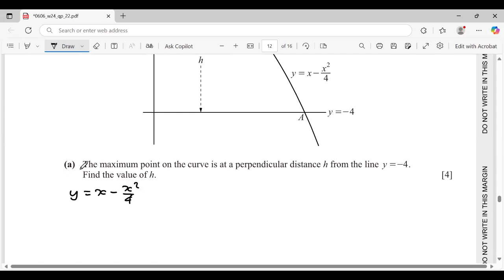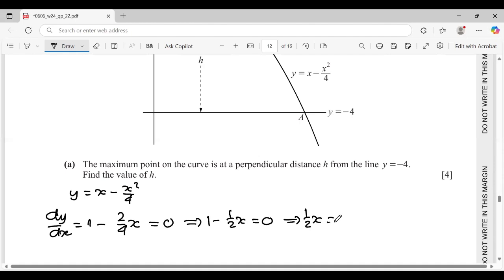To find the maximum point, we set dy/dx, the derivative of this function, equal to 0. The derivative is 1 minus 2 over 4 x, equals 0, or 1 minus one half x equals 0. So one half x equals 1, x equals 2.